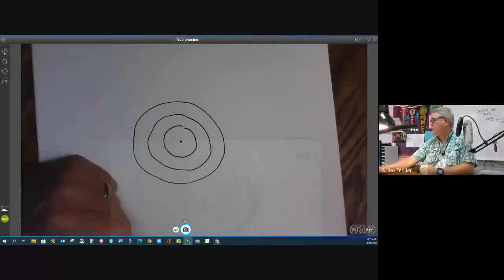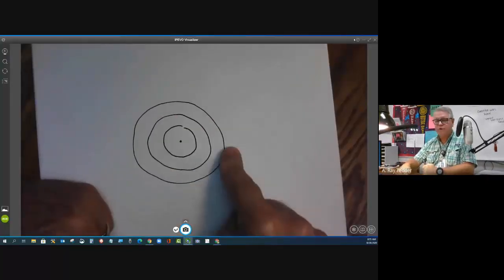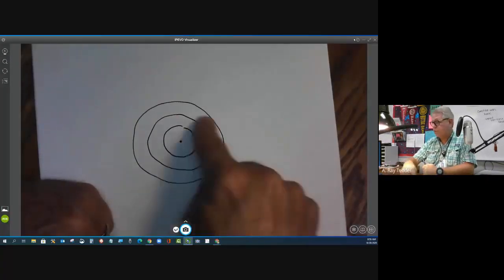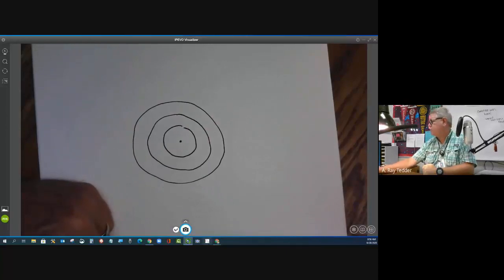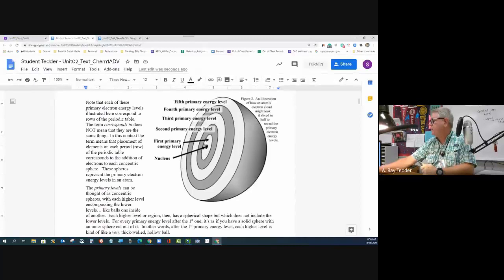Now, my illustration here is two-dimensional. You're just seeing the circles, but the actual shape of it, I've got an illustration of here in your text, okay? So you've got a first primary level here, a second primary level here, a third here, a fourth here. I'm showing 5 on the periodic table. We have enough elements to identify 7 different primary levels, okay?